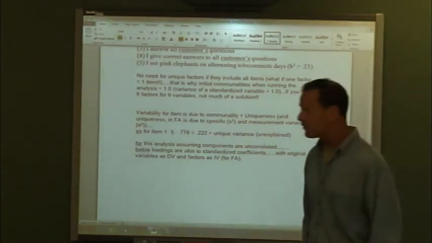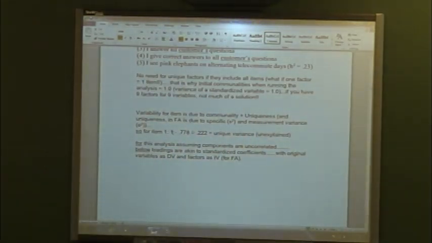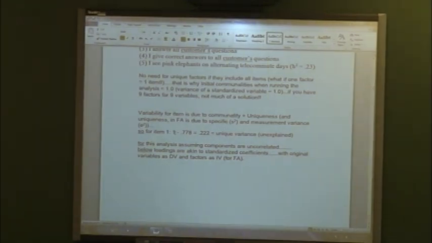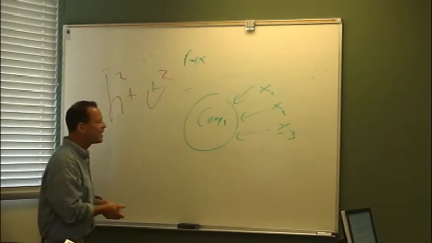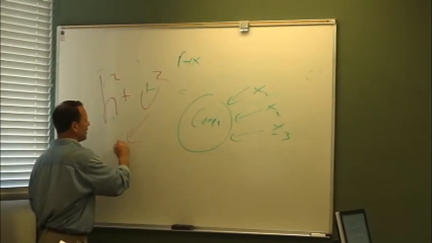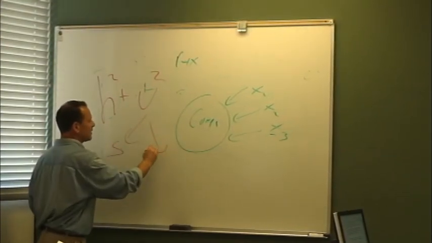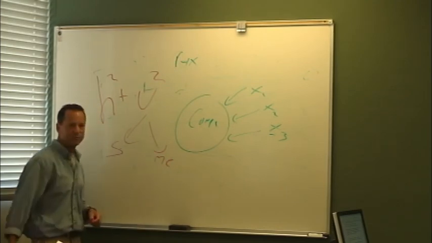And uniqueness, everybody, can be further divided down. So total variance is h² plus u². Communality is shared among the common factors, and uniqueness can be due to specific variance and measurement error.